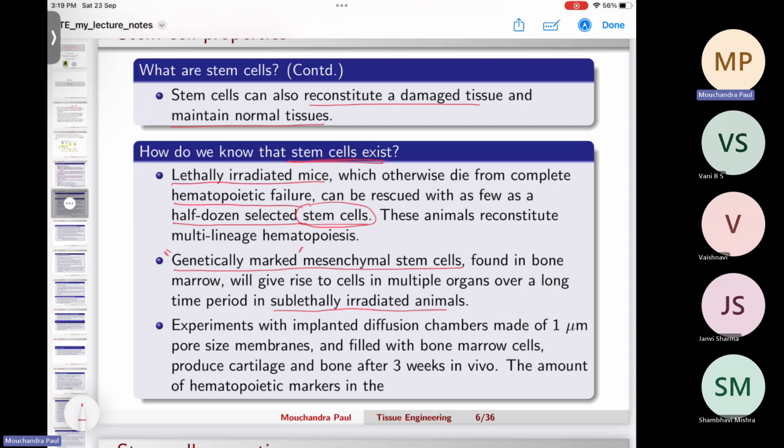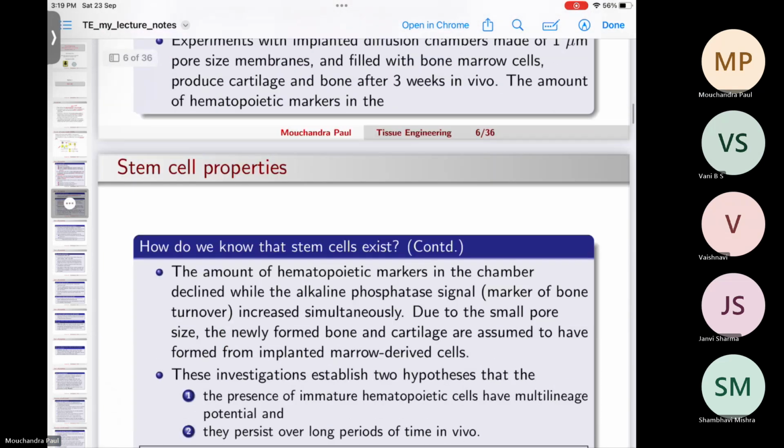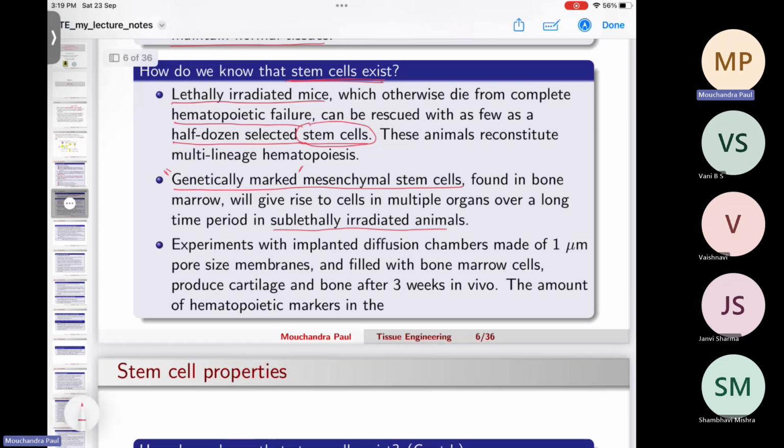And in another experiment, they took some mice and implanted some diffusion chambers, meaning there is a membrane, and on one side there is high concentration and on the other low concentration, so there will be diffusion.